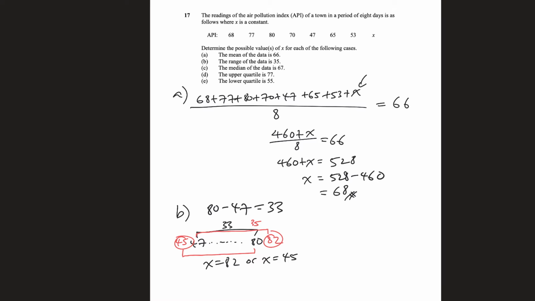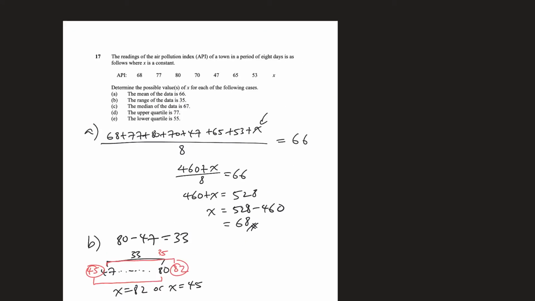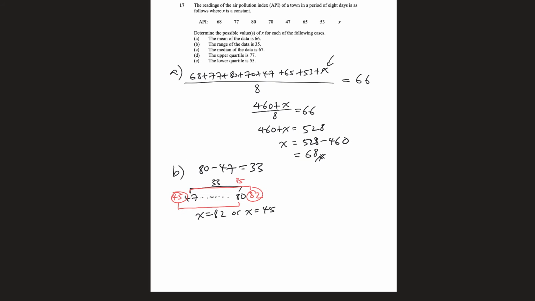Okay, part C, the median of the data is 67. Okay, so in this case, we have no choice. I think we just need to rearrange the data in the order that we need it to be in. So let's do it here. So smallest right now is 47, followed by 53, and then 65.